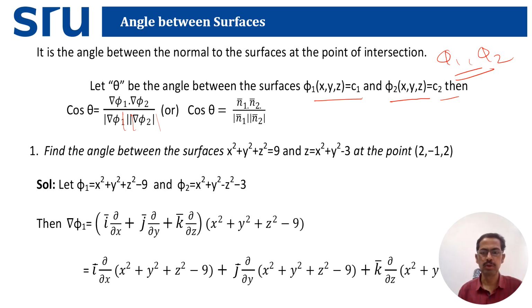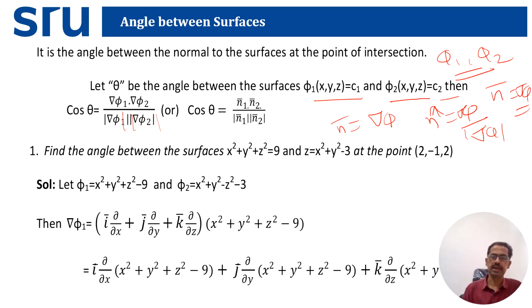You know n cap is equal to del phi by modulus of del phi, the magnitude of del phi. N bar is only del phi, the normal vector, while n cap is del phi by modulus of del phi, the unit normal vector.